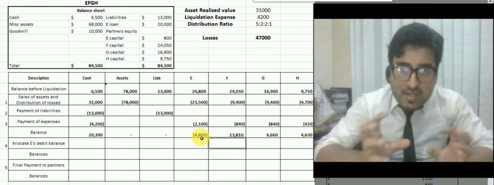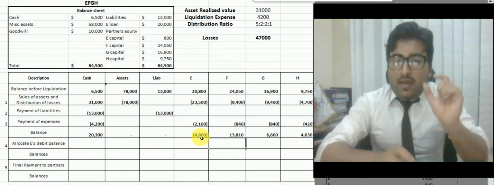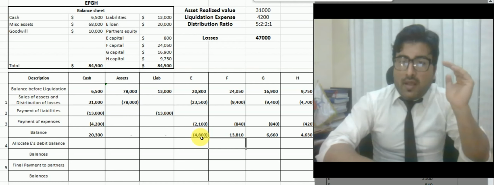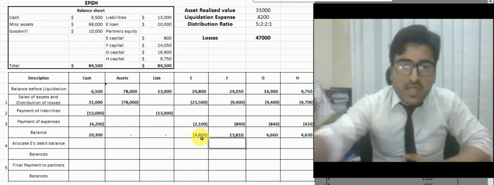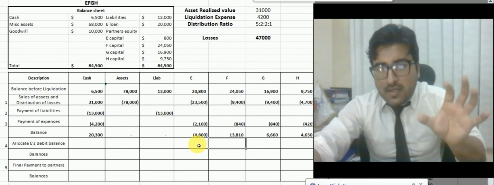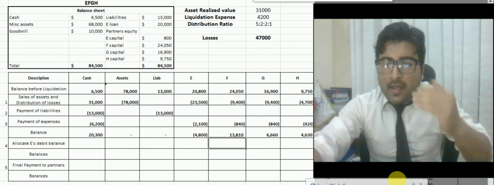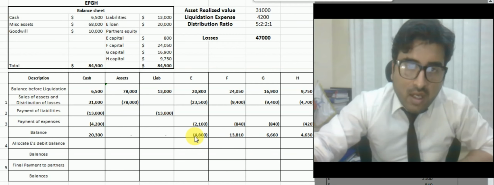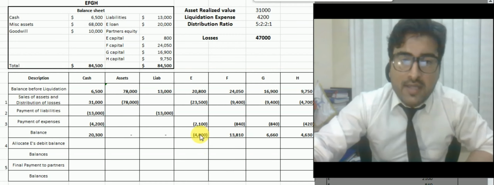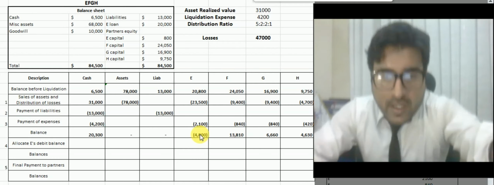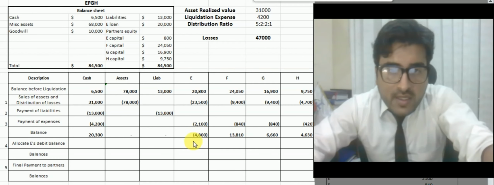So we are awaiting the payment of his loan until we compute the whole losses. Still here you see, even if we add both the loan and the capital, it still cannot pay the whole loss, and the account of the E is negative here.